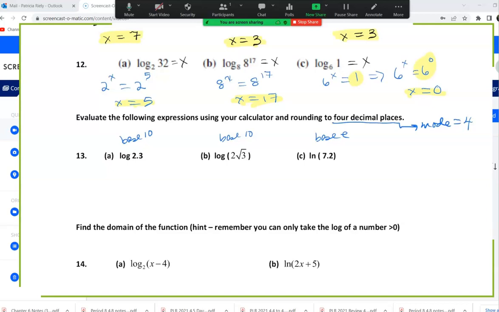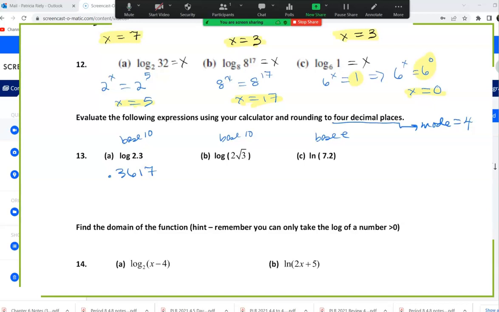On my calculator, I changed my mode from the 3 that I had previously to a 4. So that's all set. So now I'm going to take the log, I see what my log key is, of 2.3, and you should be getting 36.17. Then take the log, carefully, of 2, and then times secant radical 3.